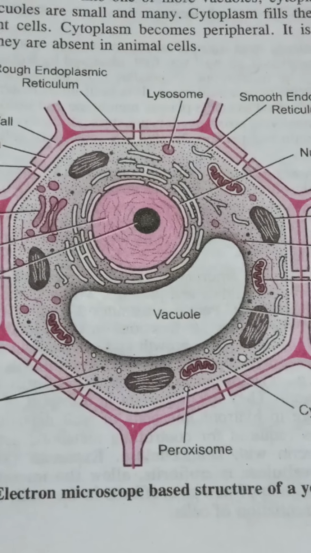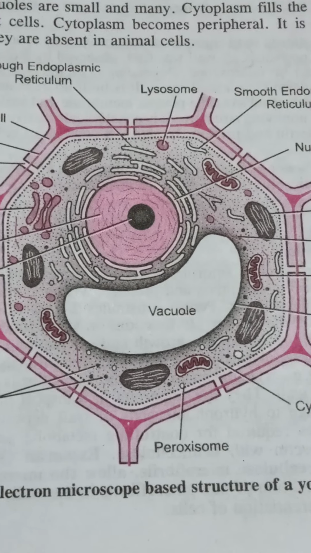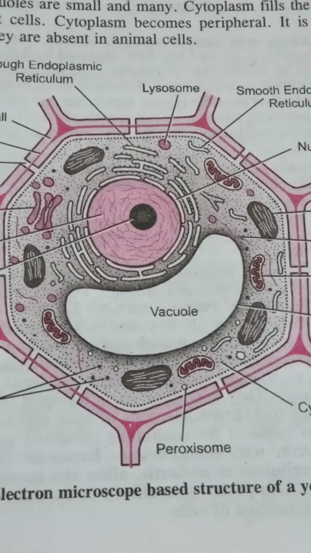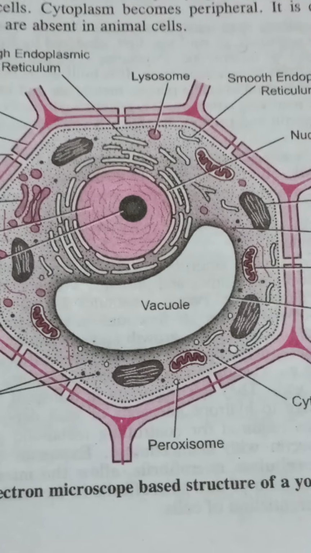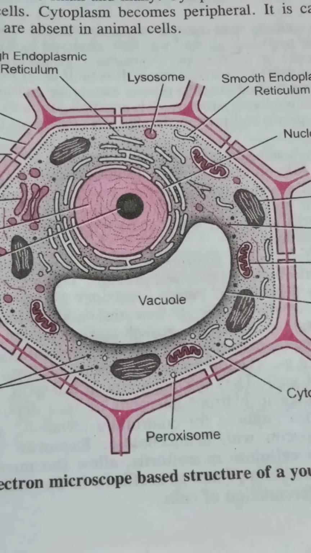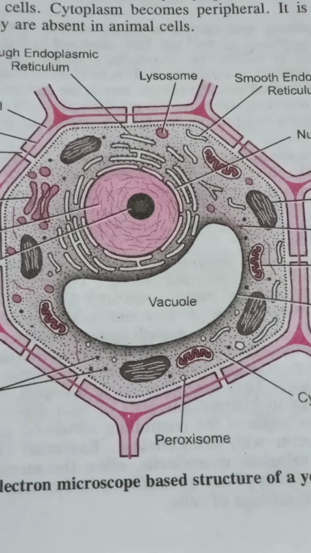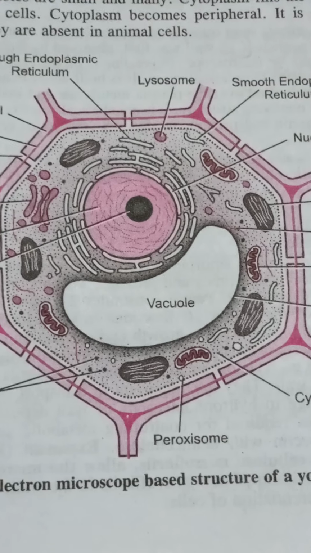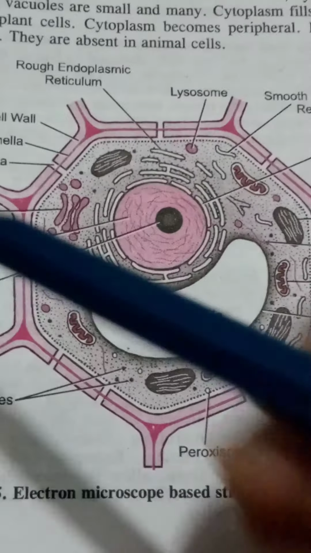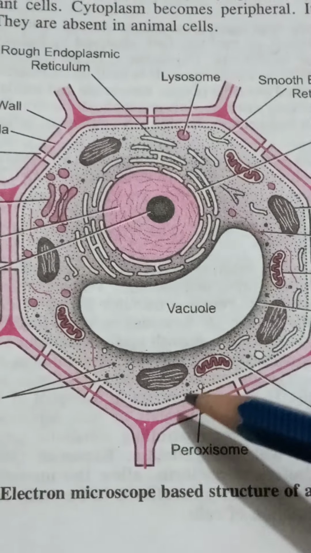Now this cytosol actually exists in two states. One is called the sol and the other is called the gel. Sol is called the plasma sol. Plasma sol is present in the internal part and it is also known as the endoplast. Whereas the gel, also called the plasma gel, is present immediately next to the cell membrane or the plasma membrane.